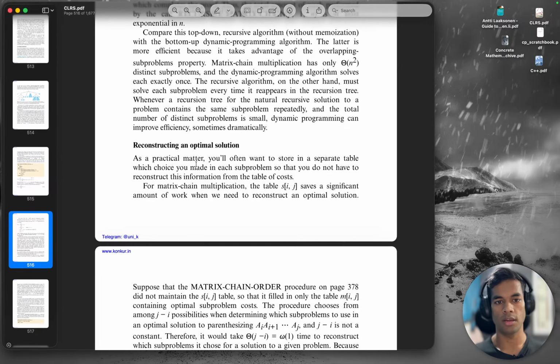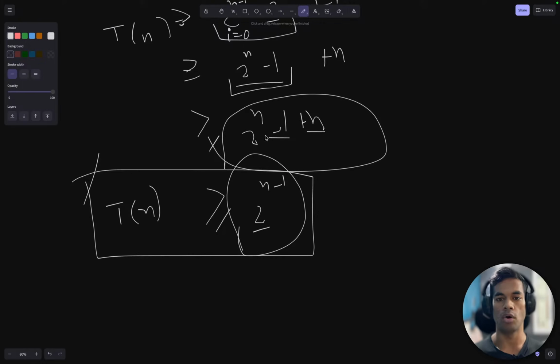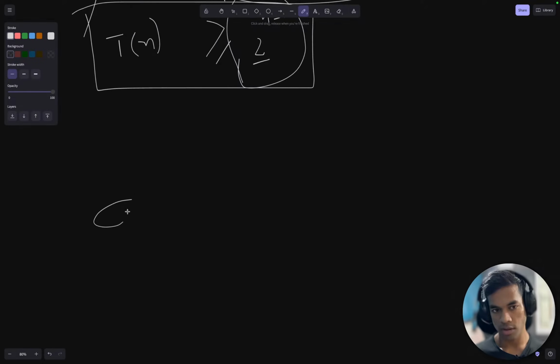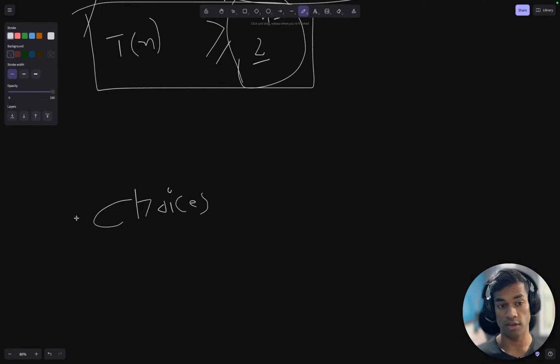Reconstructing an optimal solution. As a practical matter, you will often want to store in a separate table which choices you made in each subproblem so that you don't have to reconstruct this information from the table of costs. Yes, because solving a dynamic programming question involves making a bunch of choices at each level and finding out which choice is the best.